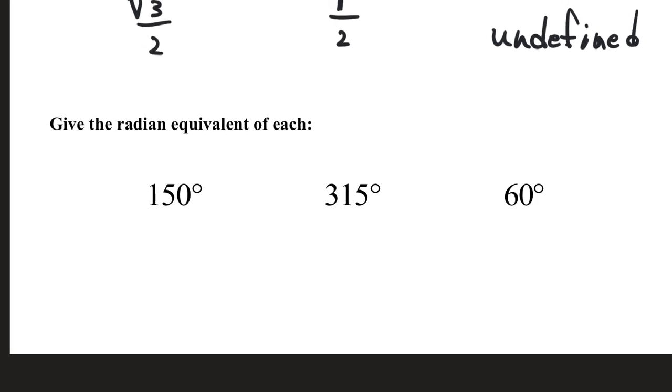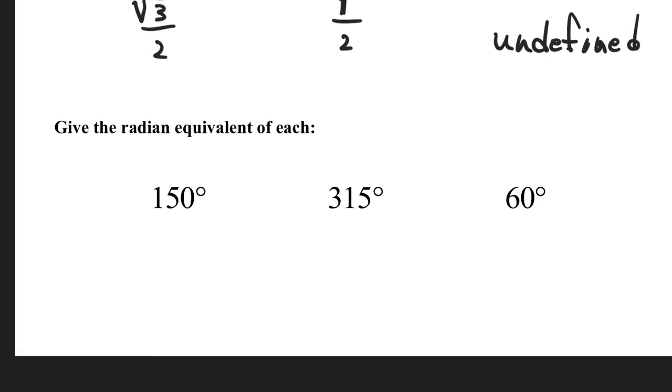We also did some translations where we marked both degrees and radians on the unit circle. 150 degrees, when you find that angle, what's the equivalent radian measurement? Now, what I do is whenever I told you guys in class to look at quadrant 1 and do expansions, I know that 150 degrees is 5 30-degree movements. 30 degrees is pi over 6 radians, so if you do 5 of those, you have 5 pi over 6 radians.